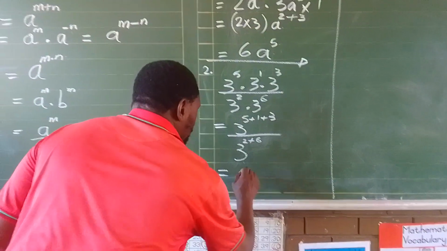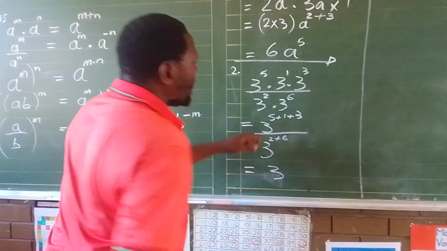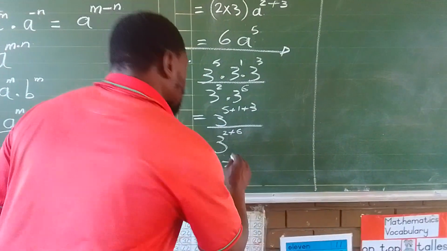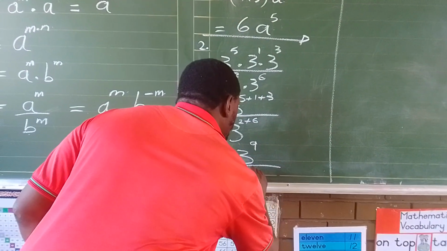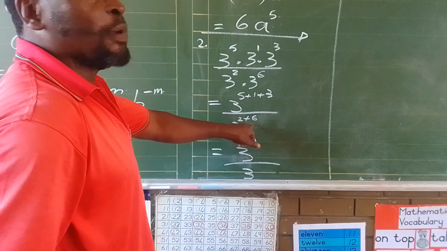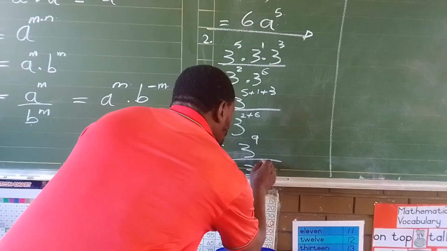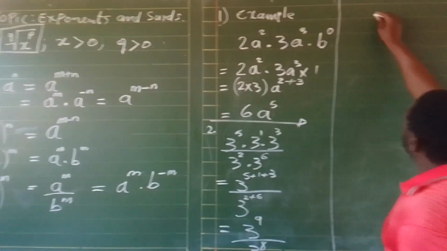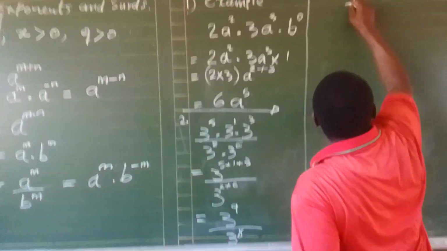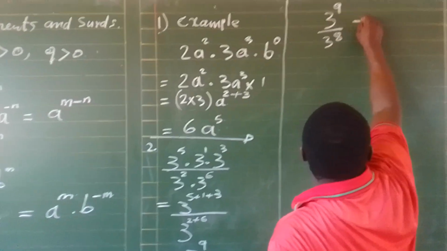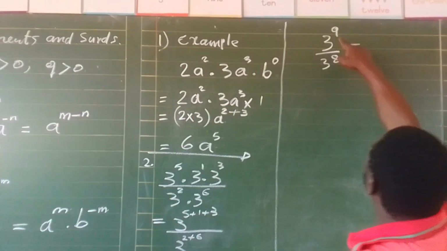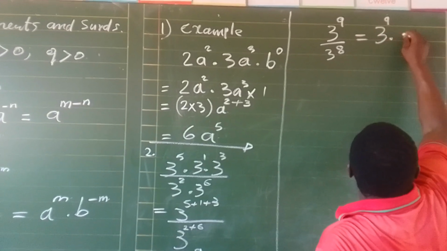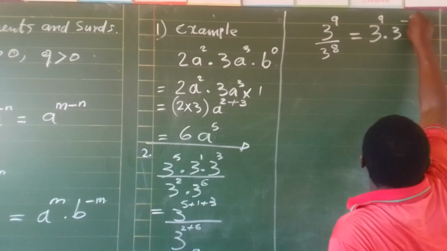Now, it's 3 to the power 5 plus 1 is 6, 6 plus 3 is 9, divided by 3 to the power 2 plus 6, which is 8: 3 to the power 8. Look what is happening. Now we have 3 to the power 9 divided by 3 to the power 8, which equals 3 to the power 9 multiplied by 3 to the power minus 8.